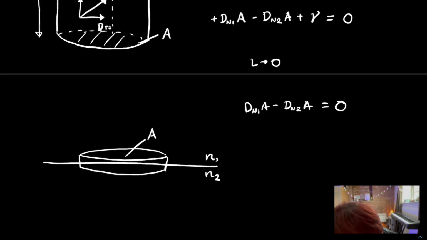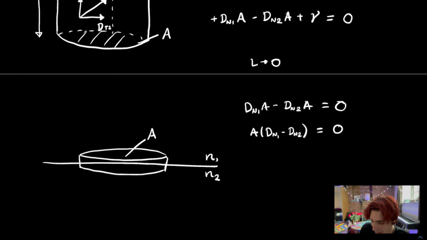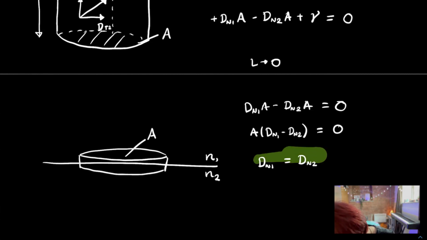Now, of course, we can factor out a factor of A. The area A is definitely not equal to 0 because it's a size which we constructed. And that must mean that dN1 is simply equal to dN2. And that is the first of the 4 Maxwell boundary conditions.